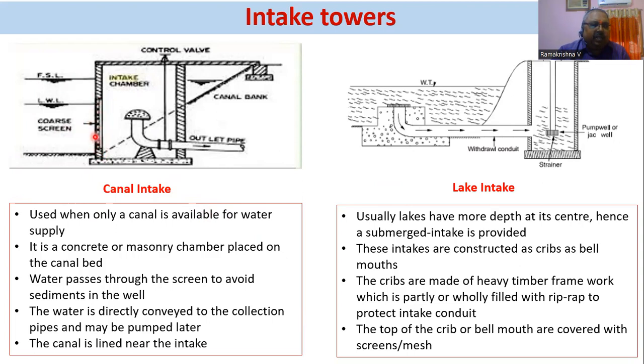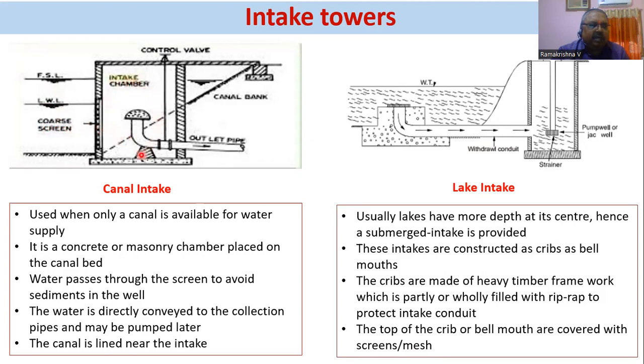This coarse screen will stop the entry of debris and other floating material inside the tower. So this is the flood full supply level, lower water level, and water will enter through the coarse screen here, and then it comes here.